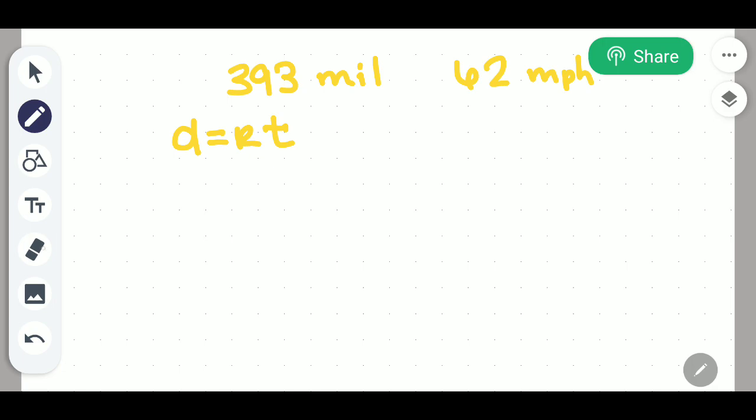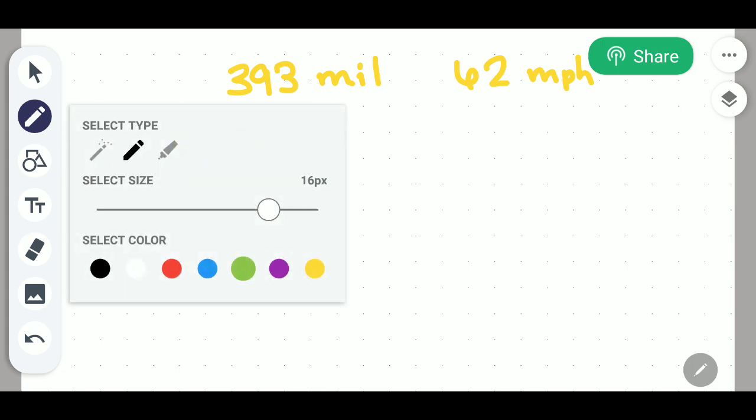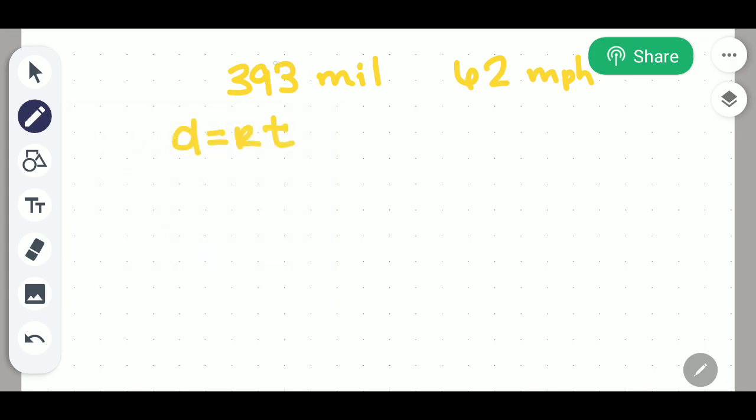So looking at our example here, miles is your distance. Speed is a rate. Okay? So we're trying to find our time.